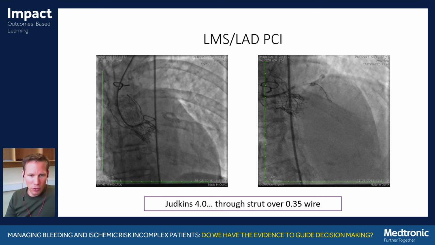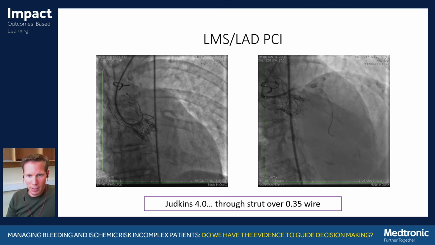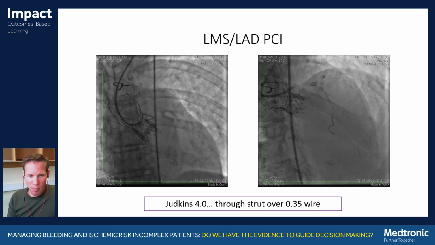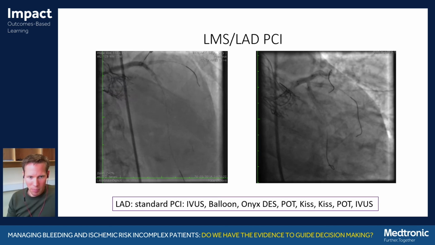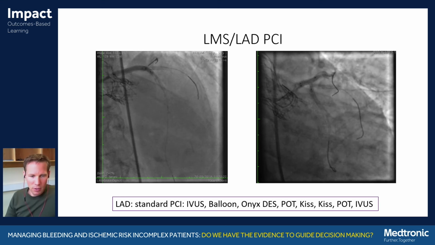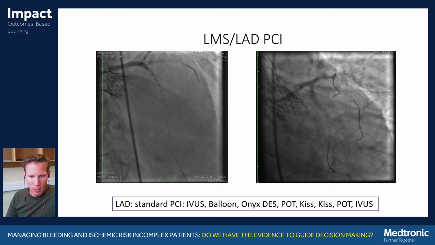We came out through the struts using the 035 wire, and then we were able to wire from a distance down the LAD. And really from that point, the PCI was relatively straightforward. We did an upfront IVUS, balloon dilatation, a re-IVUS to ensure we had appropriate expansion.